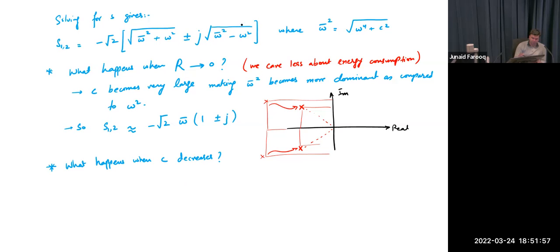So this kind of goes away, and this is like 2 times, so what you get is simply minus 2 omega. Both s1 and s2 go to minus 2 omega, right?